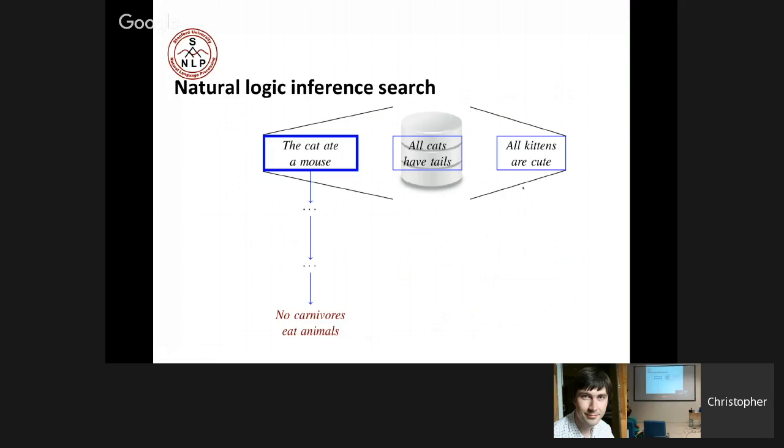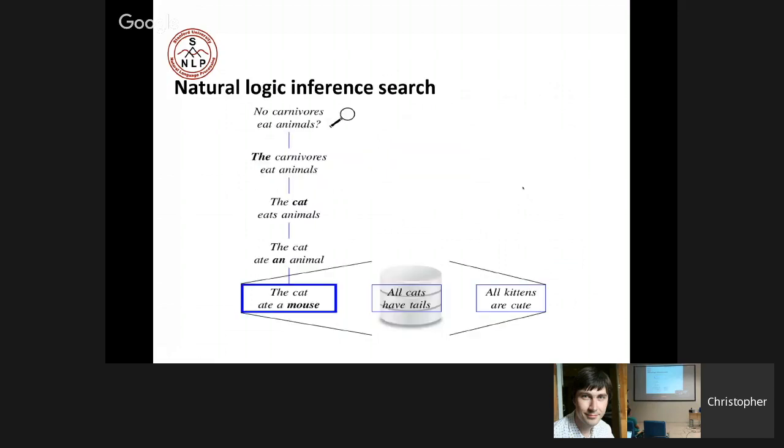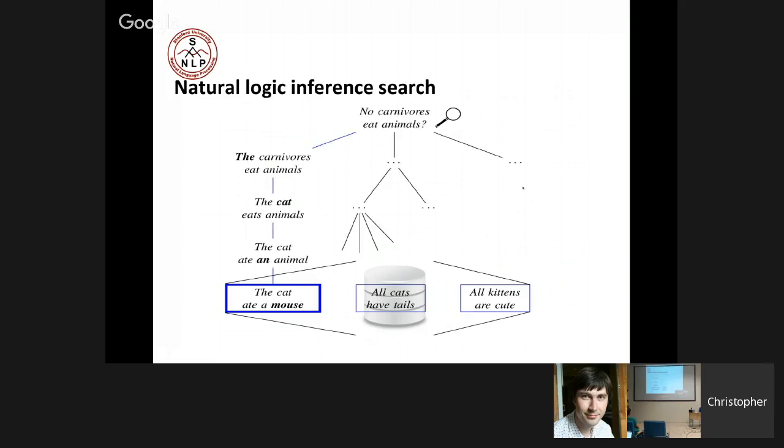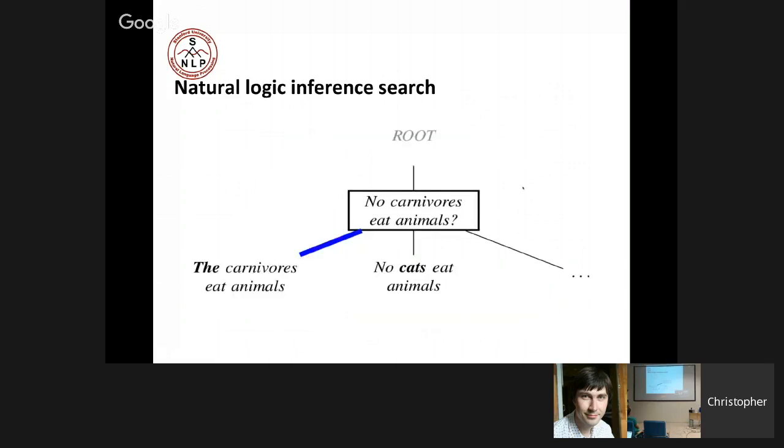Okay, and so that's essentially what we're doing. So we have this big text space, and we'd like to decide which things are invalid or not, and we're starting with what we'd like to improve and doing this search. And so as we search, we're having these steps that we go through. So start with no carnivores eat animals. We consider one-word mutations of that, changing words or adding or deleting.